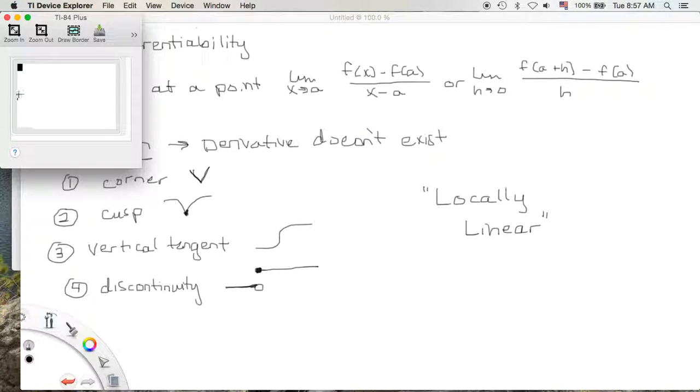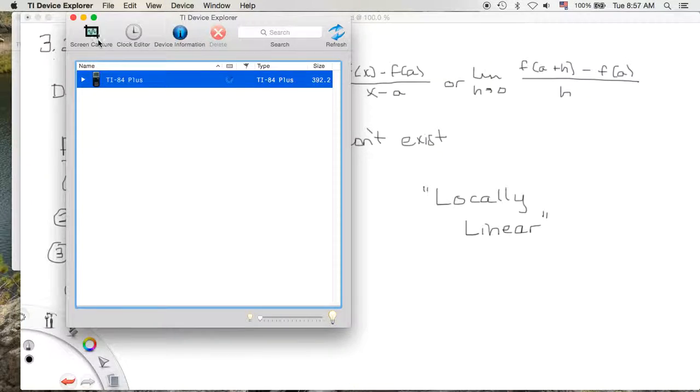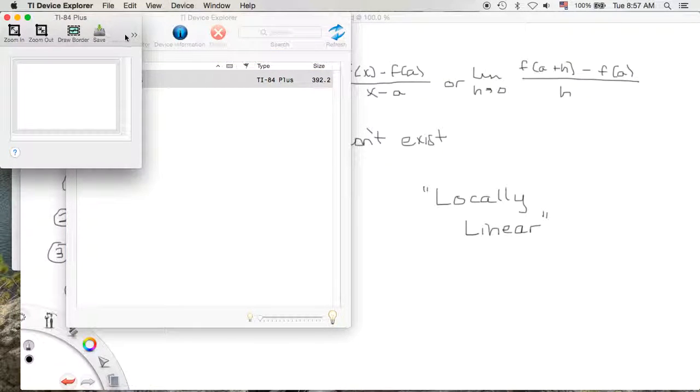So for example, let's see if we can get this to work today. If we have a function, even a polynomial perhaps, like let's just say x squared.